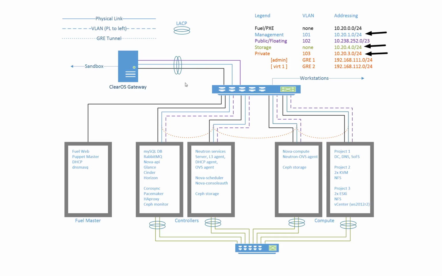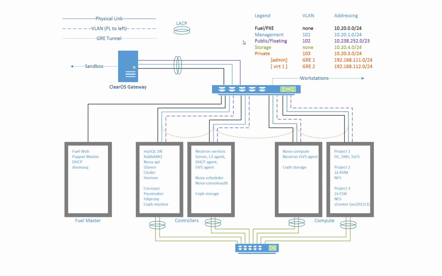They don't need to be able to communicate. The only two networks that need to get beyond the OpenStack switch are the public and floating network and the Fuel network. Both of them need to be routable to the internet, and the public and floating network needs to be accessible from every classroom that's going to access the OpenStack network, and also from the internet.